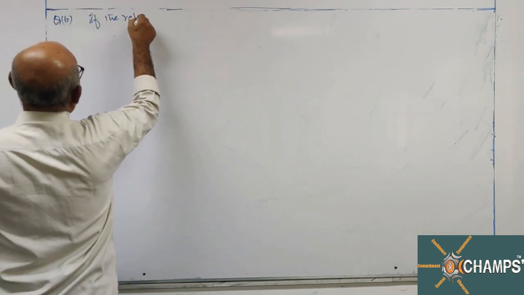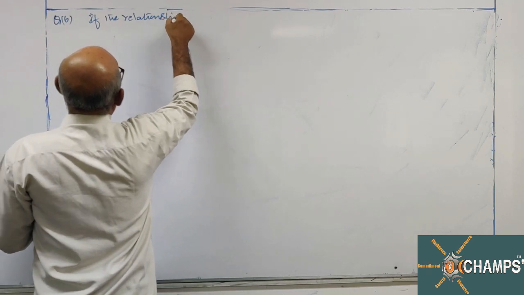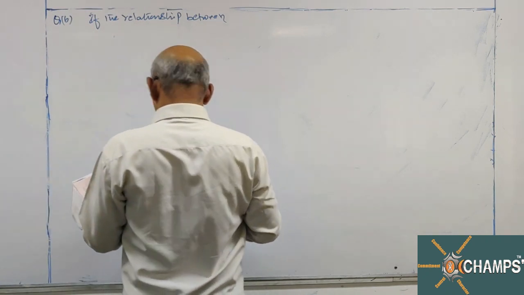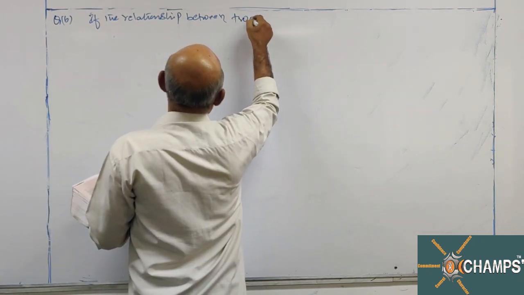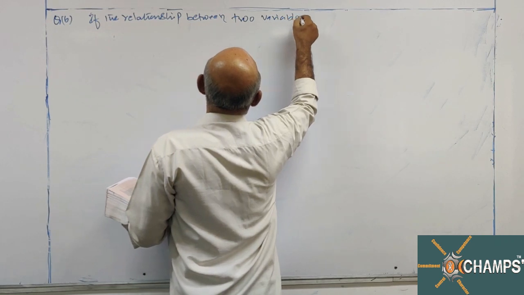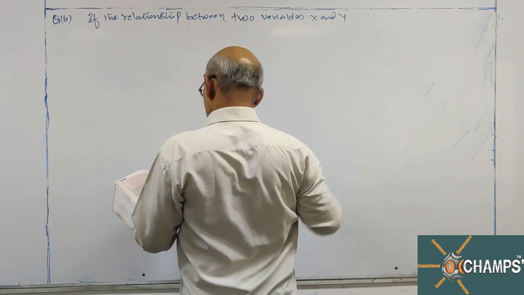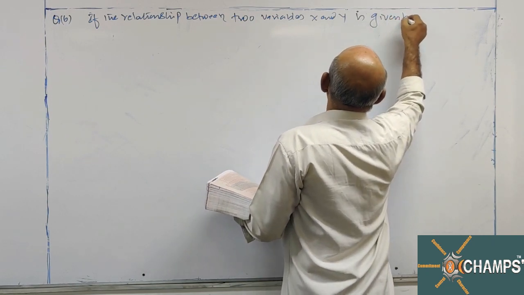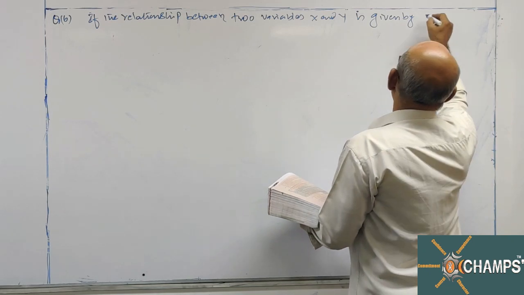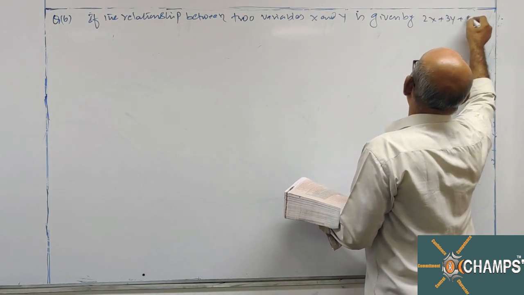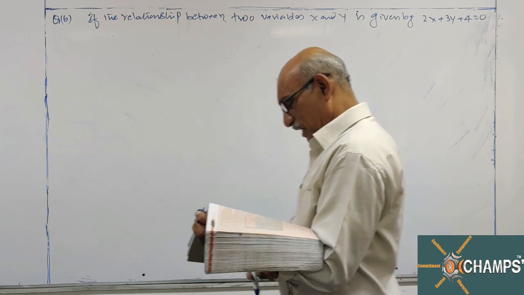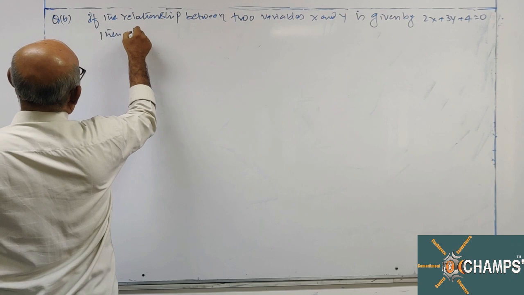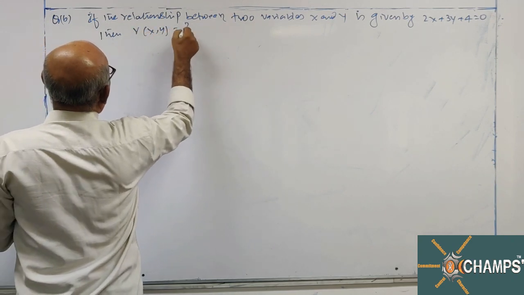If the relationship between two variables x and y is given by 2x plus 3y plus 4 equal to 0, then r of x comma y is question mark.